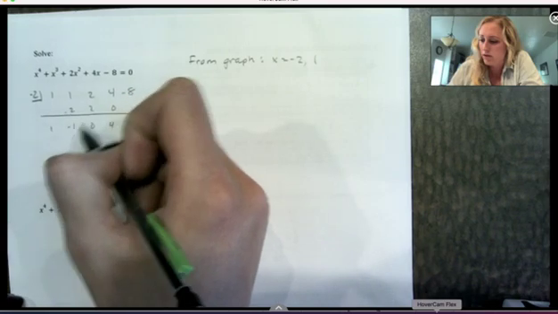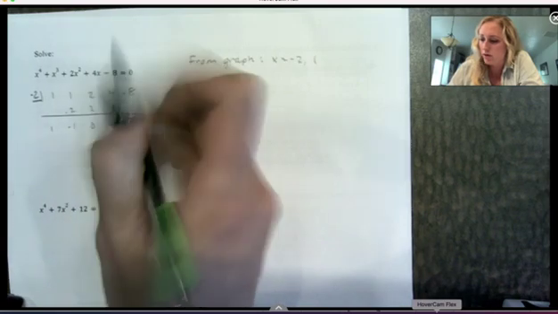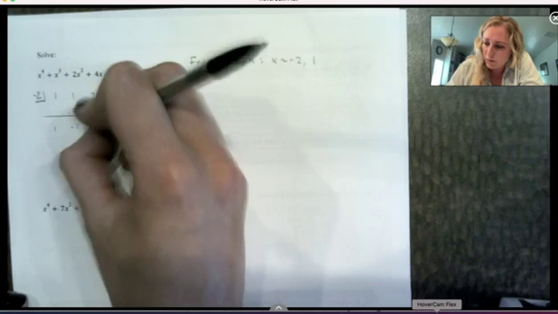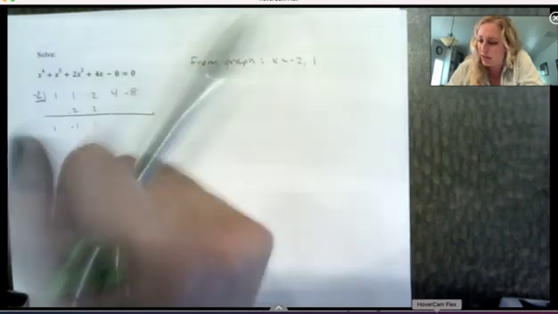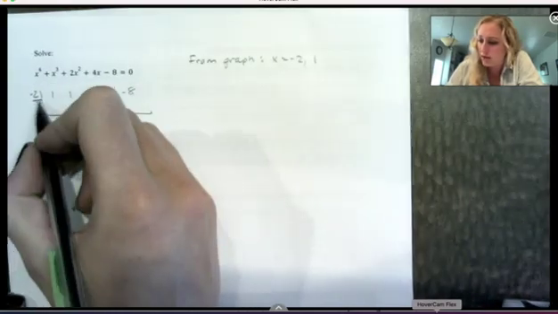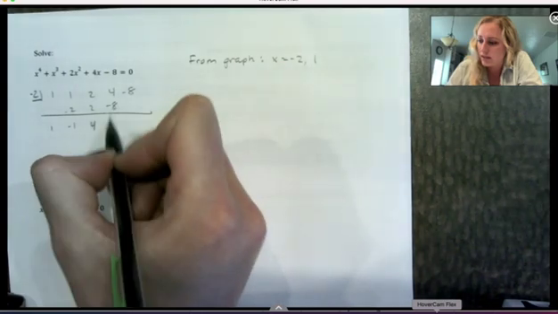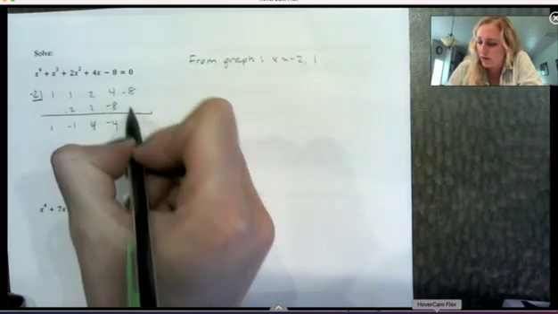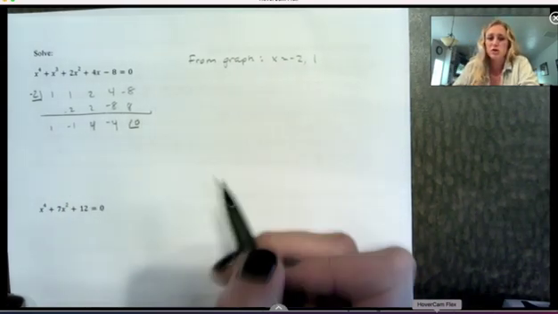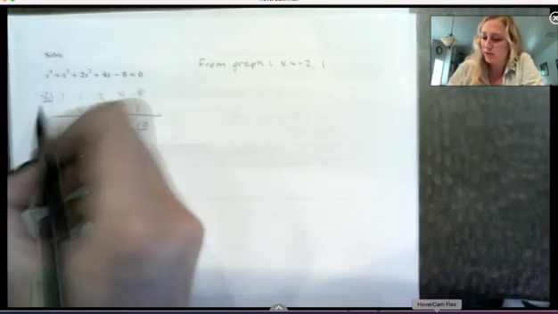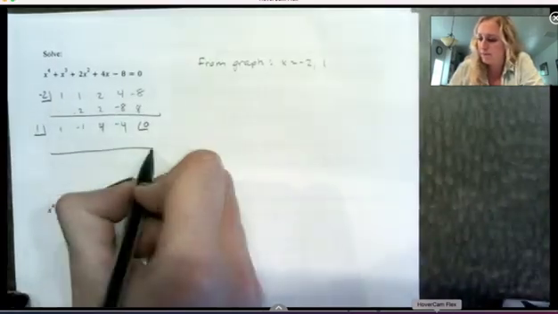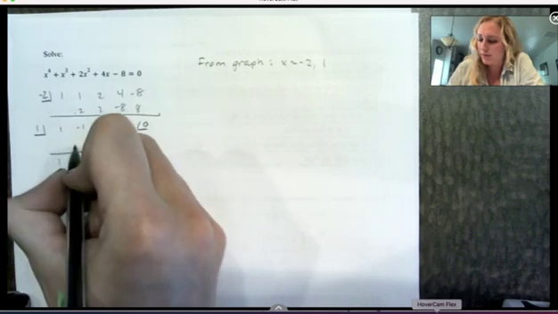Negative 1. Oh, right there. 2 plus 2 is not 0, it's 4. Negative 2 times 4, negative 8. There we go. So we know we should get a remainder of 0. Now I'm going to divide out the 1. Bring down.